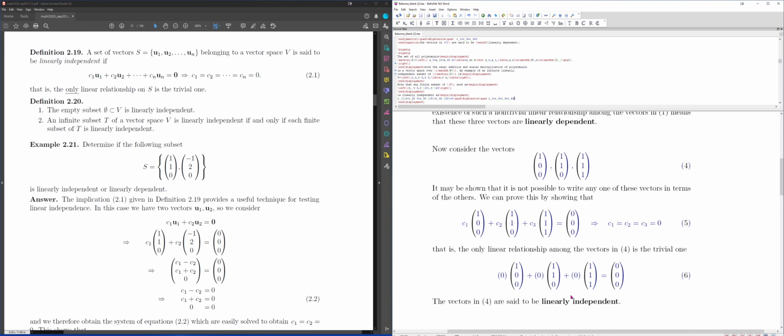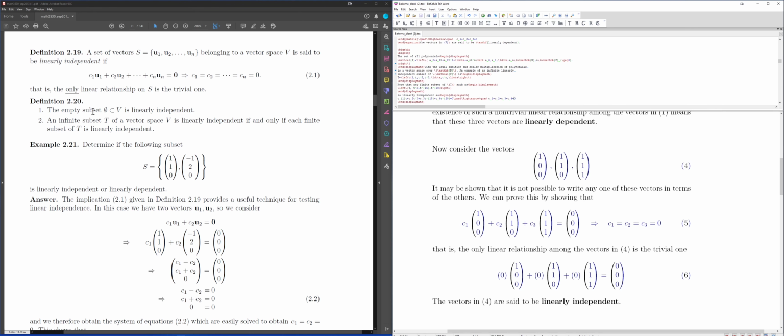And this is our linear relationship among the vectors. So this implication is saying that the only linear relationship among the vectors is a trivial one, when you have zeros for your scalars. That is what this statement is saying.